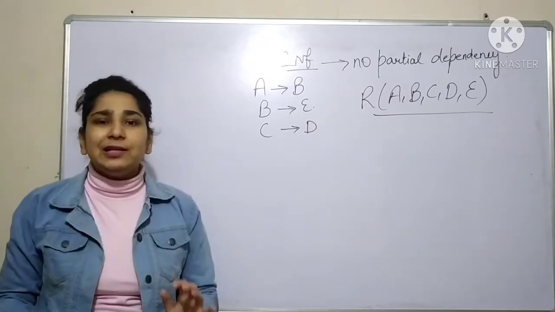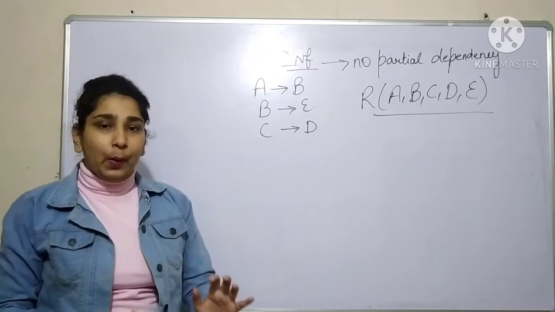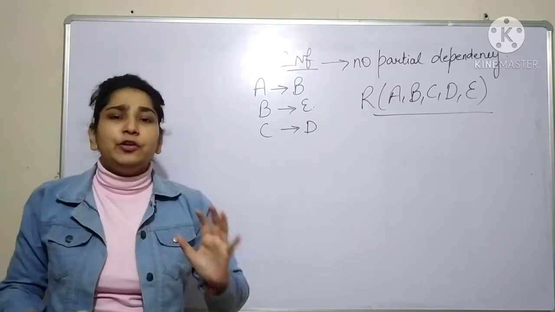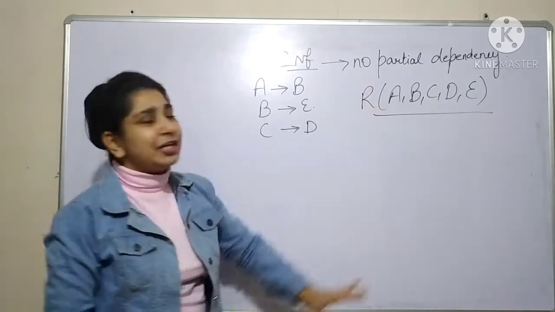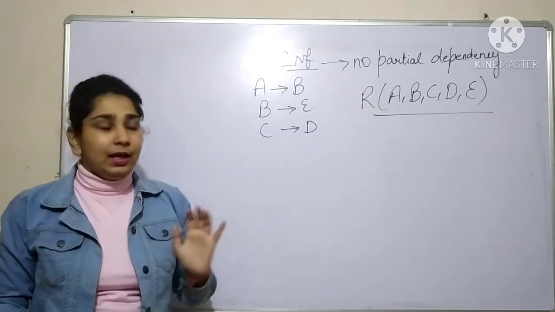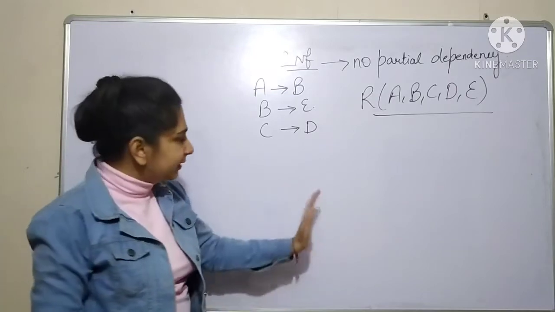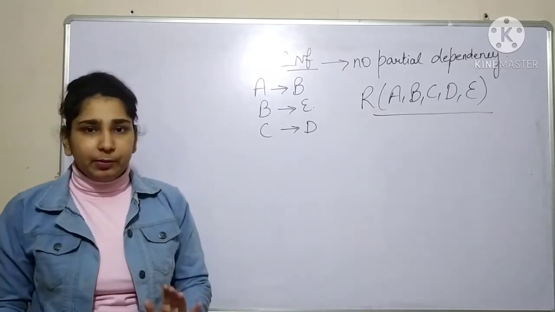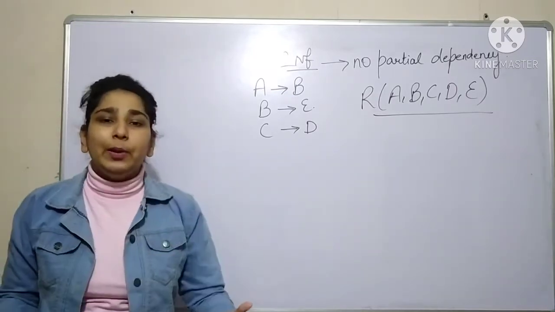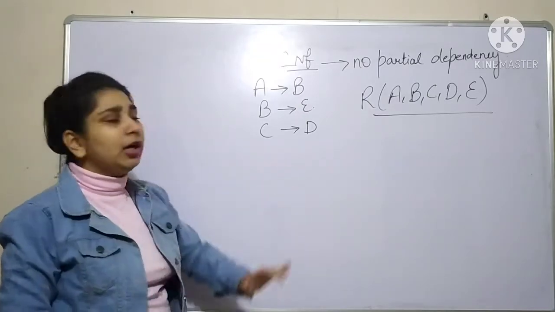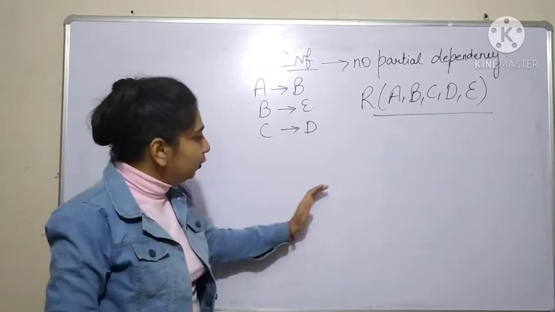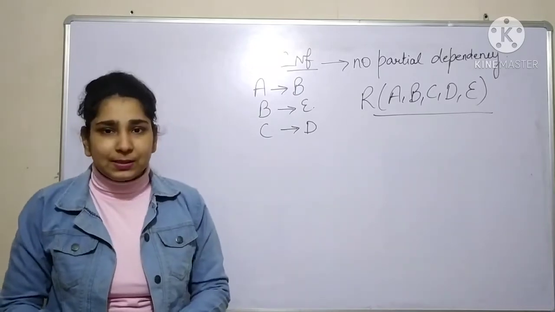There is a partial dependency. That kind of redundancy arises due to partial dependency. So we will be removing that redundancy by decomposing the relation into many relations.